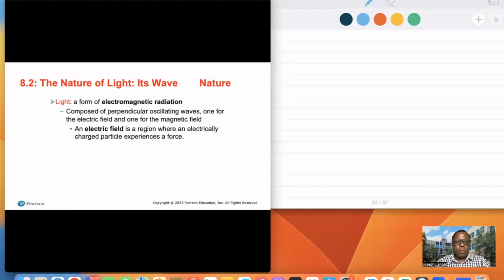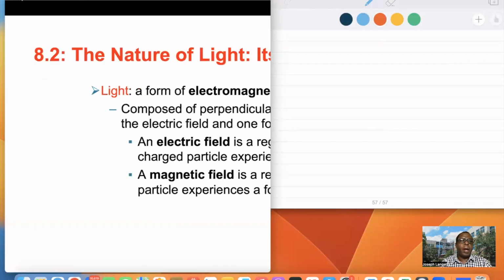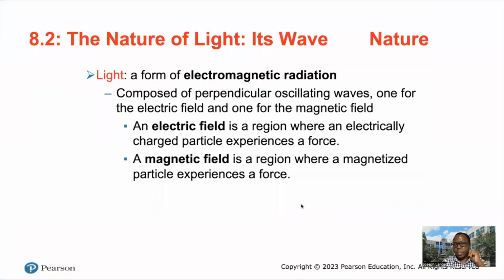An electric field is a region where electrically charged particles experience some forces, positive, negative, all right? And a magnetic field is a region where an object experiences some magnetic forces when you place it in the magnetic field.